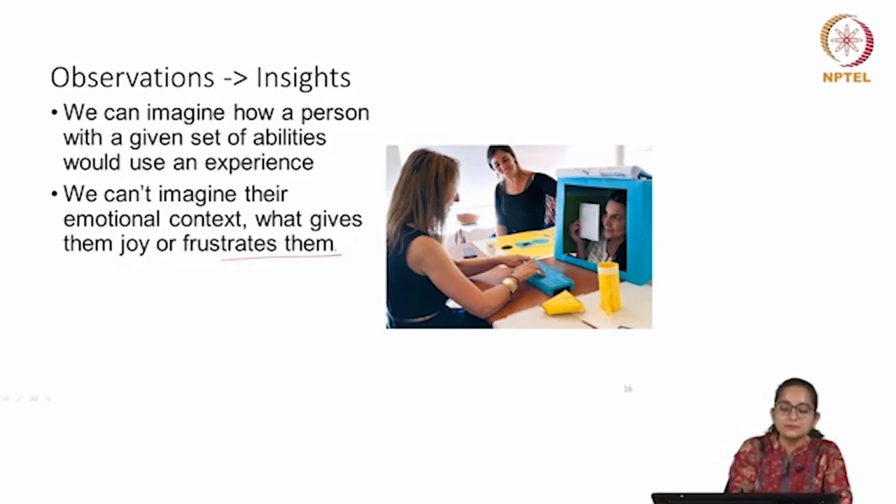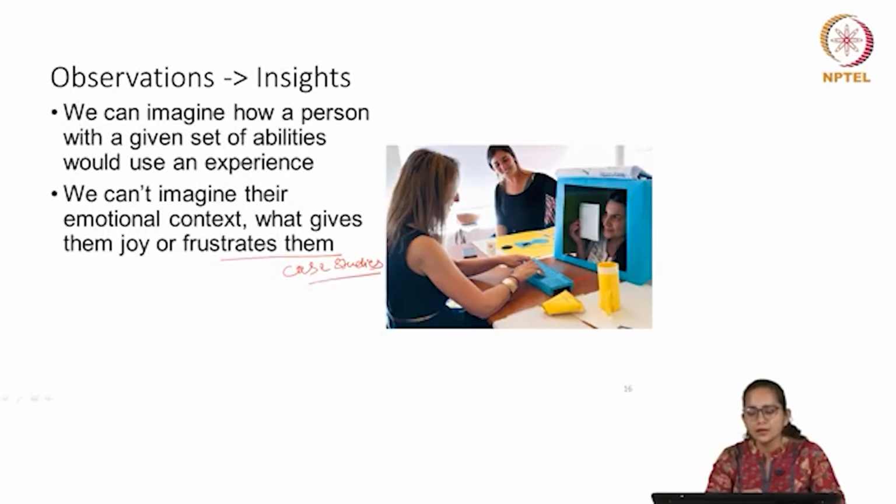So this aspect, in some of the later sessions, we will also look at some case studies where the designers did their role play, they did their basic research, and they tried to step into the shoes of the users. But the emotional context, as it said here, was the joy that a person who was so far not able to navigate independently felt when suddenly able to do it without any help.